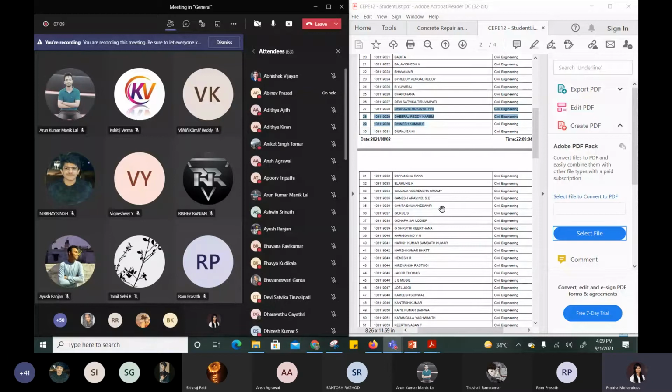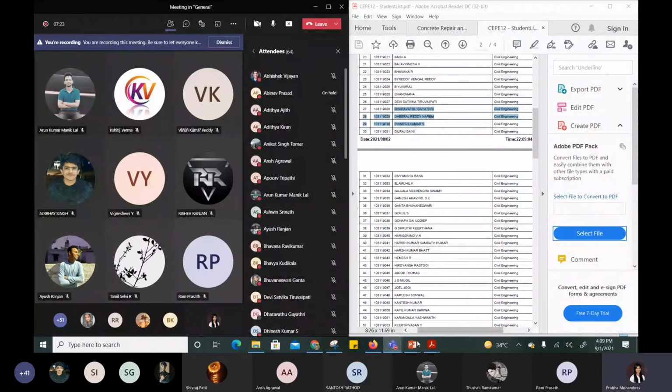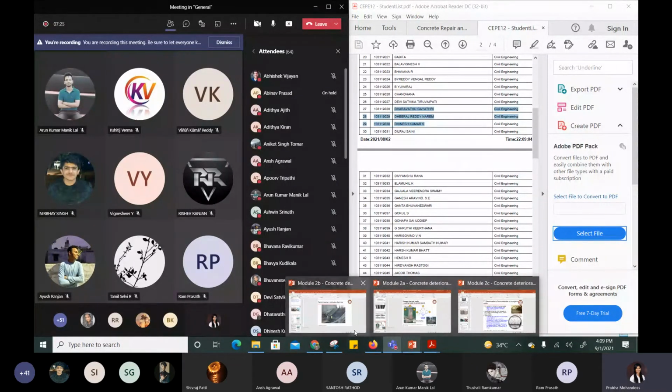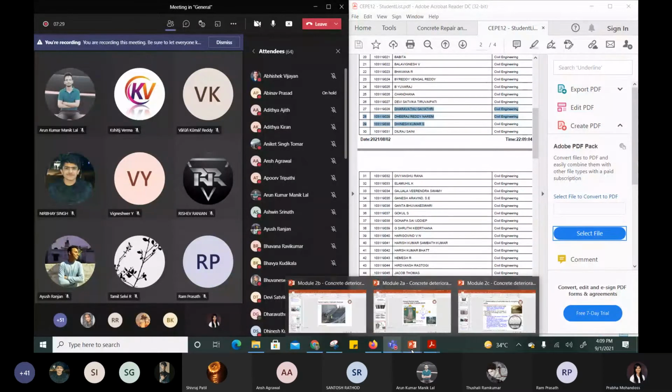And Virendra Swami, Ganesh Aravind, Ganta Bhuvaneshwari, Gokul. So team one can start discussing the facts that you know regarding shrinkage.